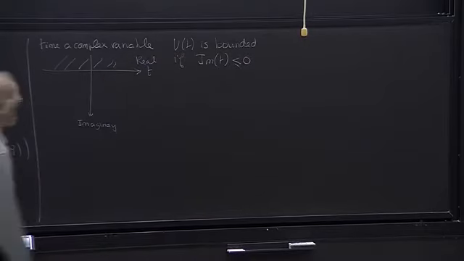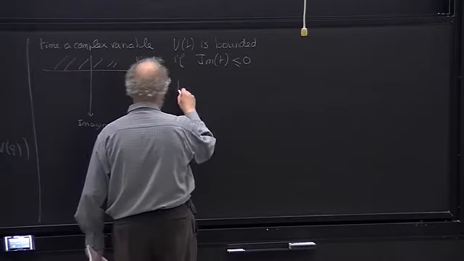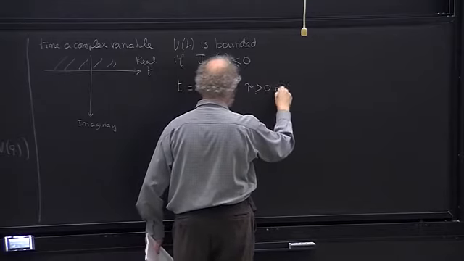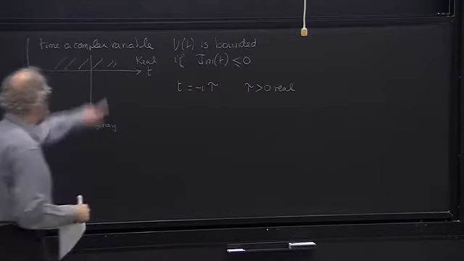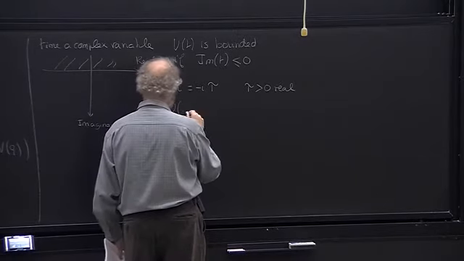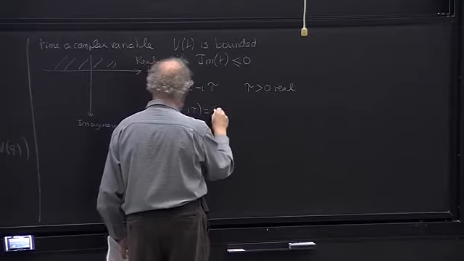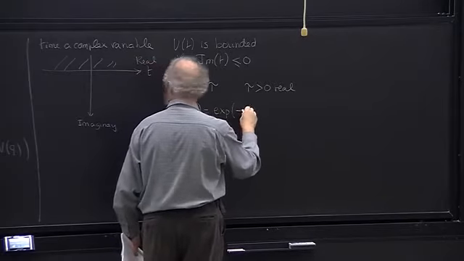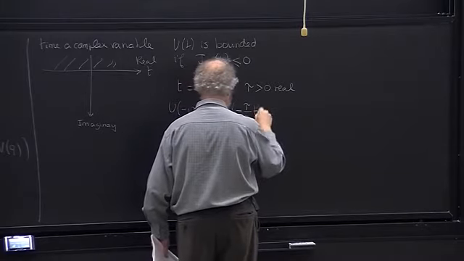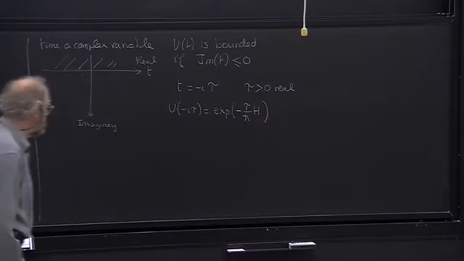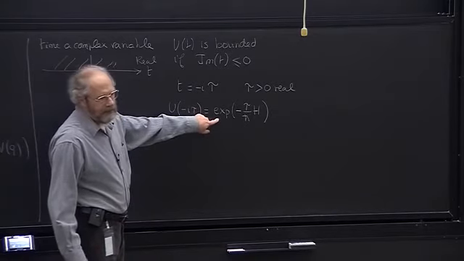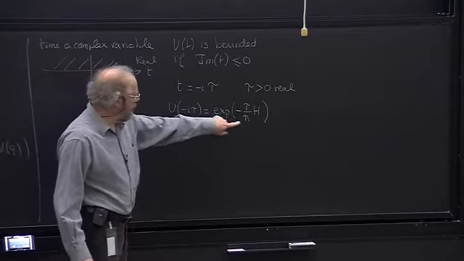In particular, when t is equal to minus i tau, with tau positive and real, by analytic continuation U of minus i tau is exponential of minus tau over h bar times the Hamiltonian, which looks like the unnormalized partition function of the system at finite temperature.